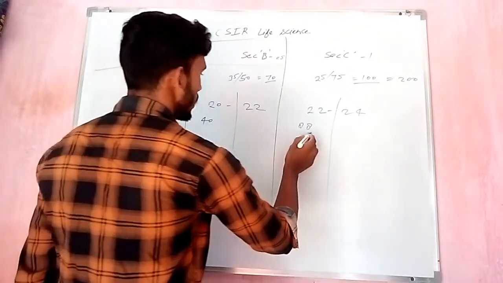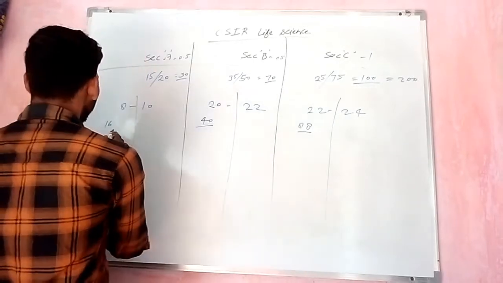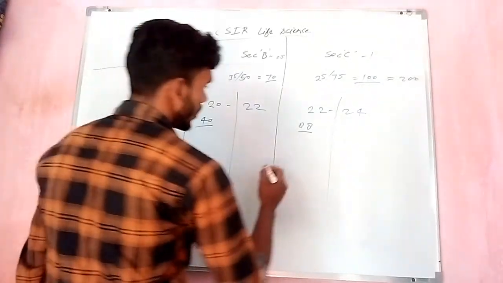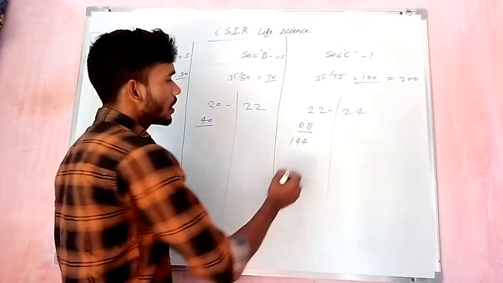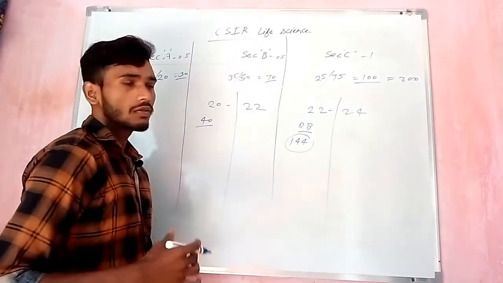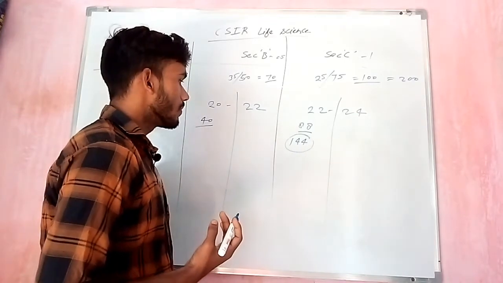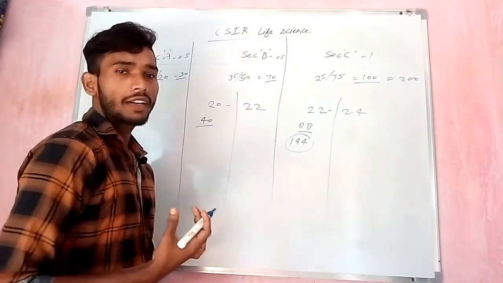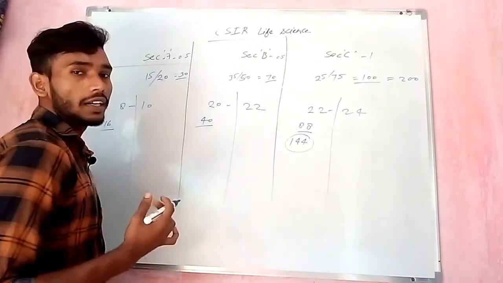Let's calculate: 88 plus 40, 128, plus 16, 144. So 144 is a good score to qualify for the JRF in the general category. But this is considering that all of the answers we attempted were correct.